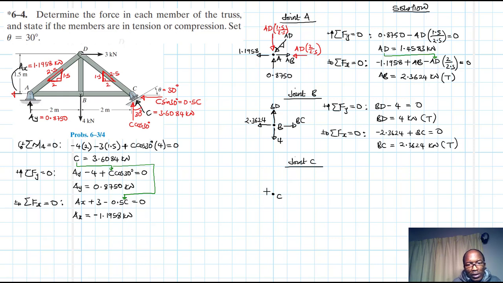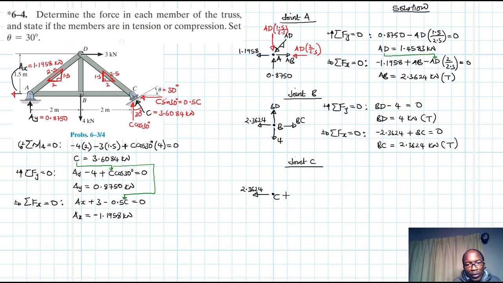What do we have? We have a tension force this side. We calculated this already. This is a tension force which is BC, so this is 2.3624.